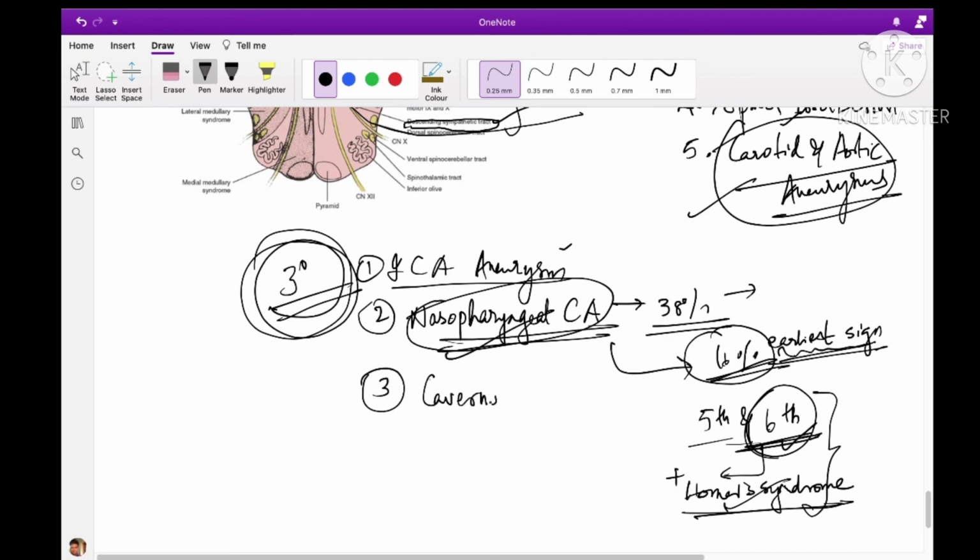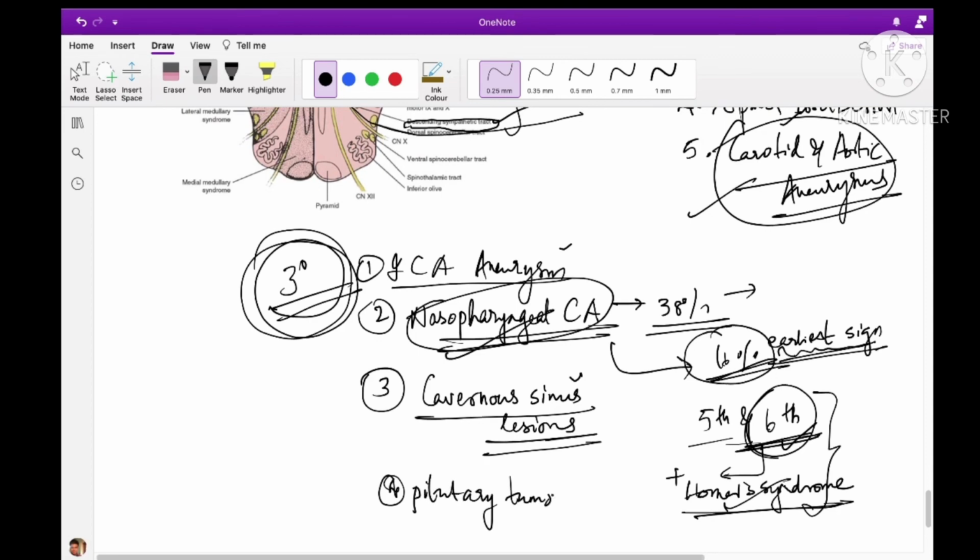So cavernous sinus lesions, like any tumors in it. Pituitary tumors, of course. So nasopharyngeal carcinoma, and skull base lesions.